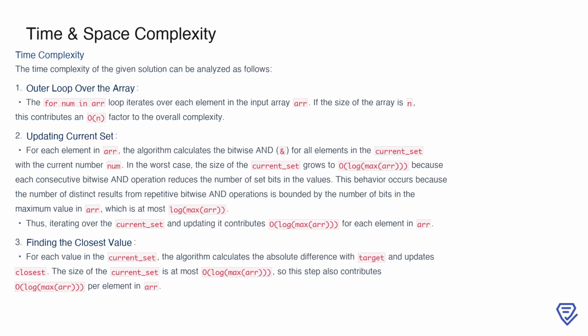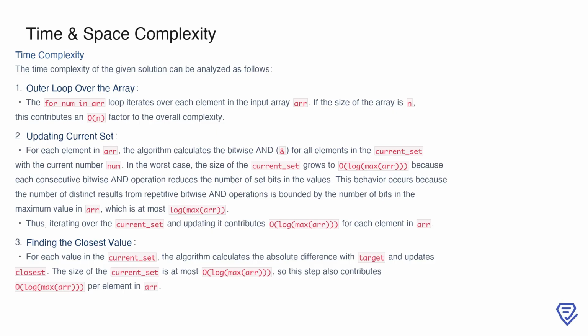The size of current_set is limited by the number of bits in the largest value in the array, which is proportional to log max ARR. This happens because each bitwise AND operation progressively reduces the number of set bits, limiting the distinct results. Therefore, updating current_set adds an O(log max ARR) factor for each element in the array.